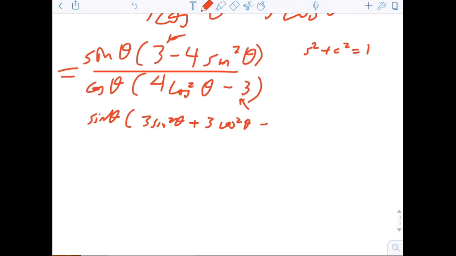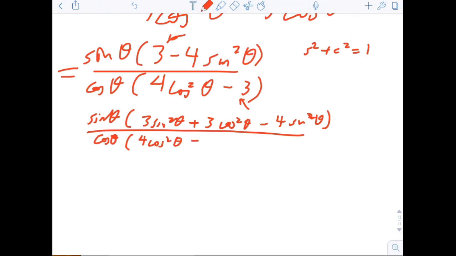That is equal to 3, right? Minus 4 sine squared theta. And the bottom is going to be cosine theta times (4 cosine squared theta minus 3 sine squared theta minus 3 cosine squared theta).